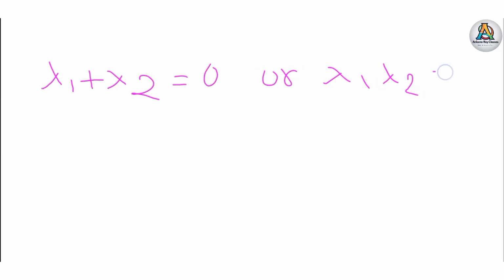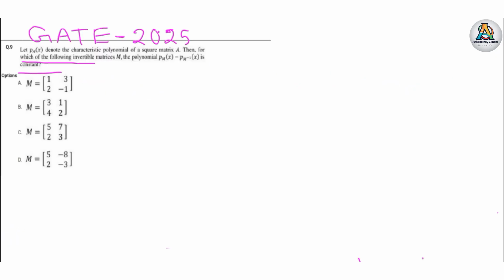Therefore, the difference between P_M(x) and P_M inverse(x) is constant for those matrices M for which either the sum of eigenvalues is equal to 0 or the product of eigenvalues is equal to 1. The two conditions are: lambda 1 plus lambda 2 is equal to 0, or lambda 1 into lambda 2 is equal to 1.